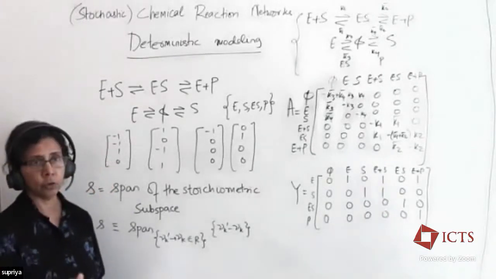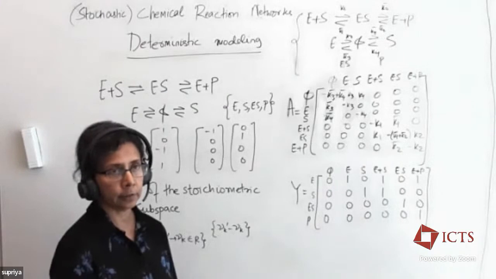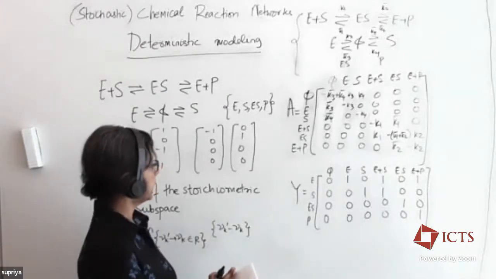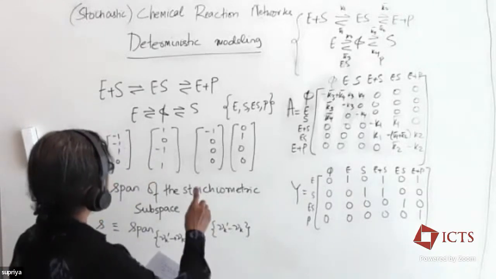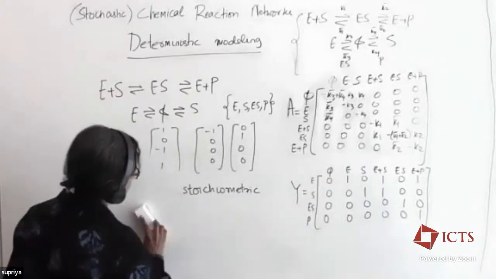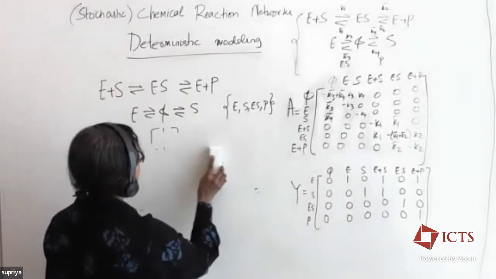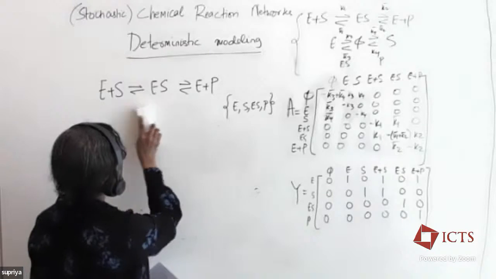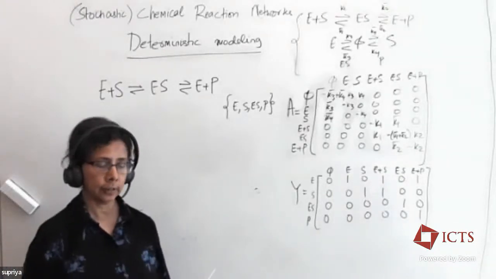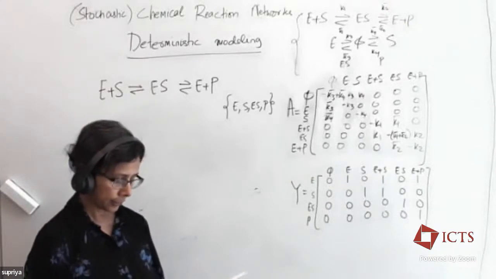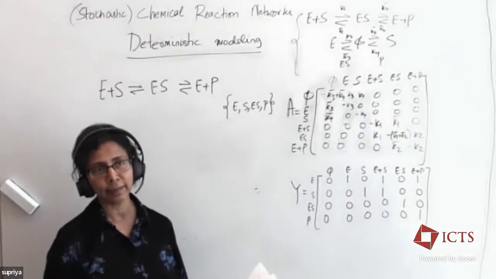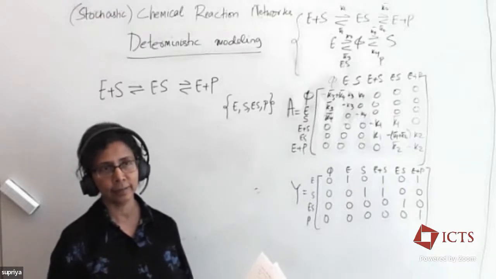So one example that we might do in our tutorial today would be that you just take the top reaction here. If we take the top reaction, what would the span be in this particular case?